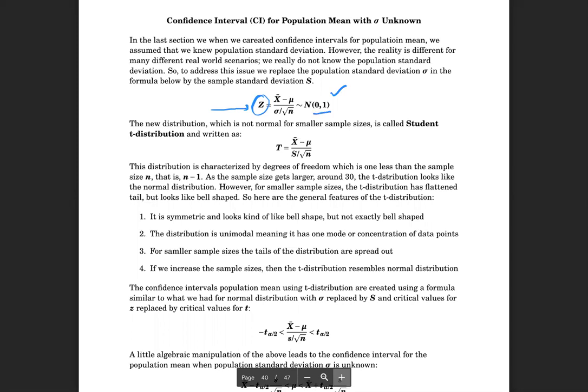X bar minus mu divided by sigma over square root of n has approximately standard normal distribution, bell shape. Now, when we don't know sigma, what can we do? When we don't know sigma, we don't really have a choice. What we do, we replace sigma with the sample standard deviation, as you can see here.